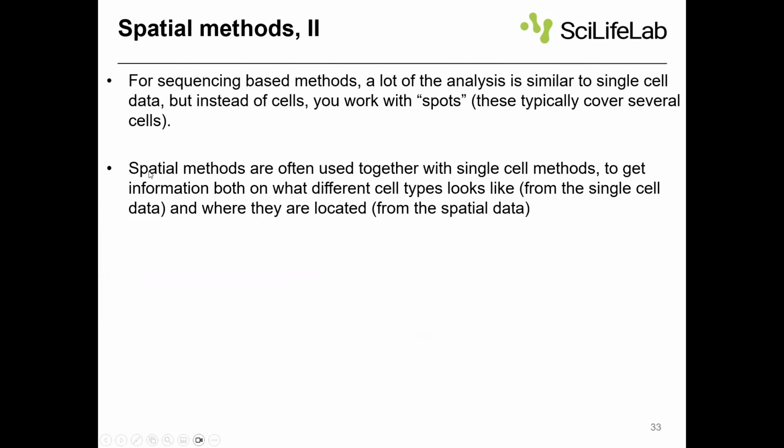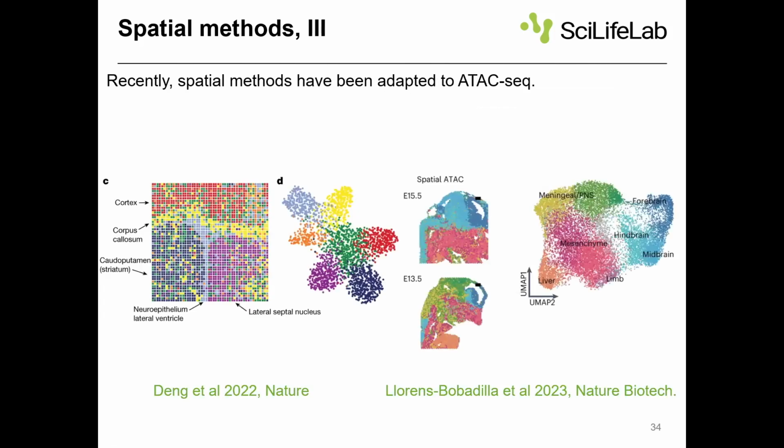And there is a lot of work where you do both spatial and single cell together on the same material to get single cell data, and then with some computational method, map where on this tissue these different cell types came from.